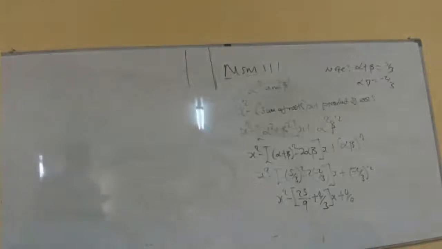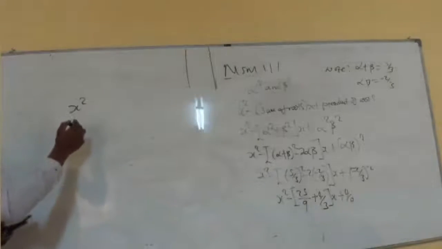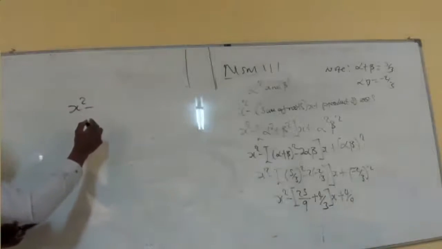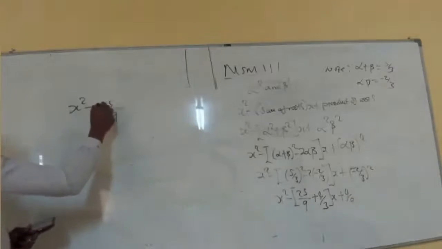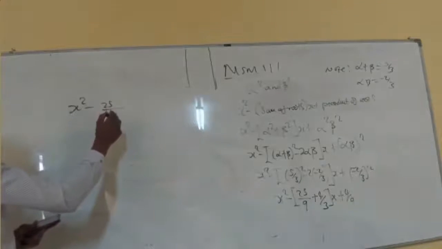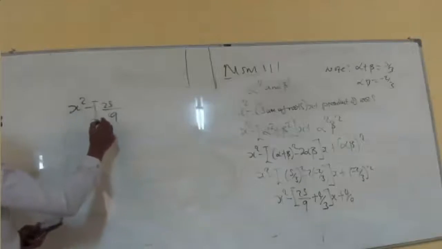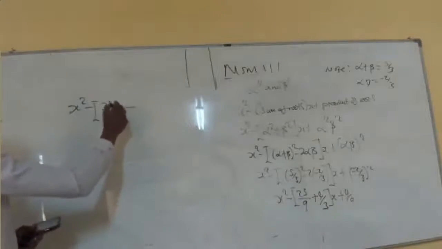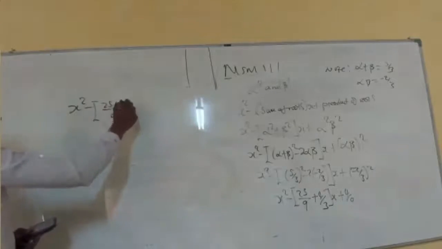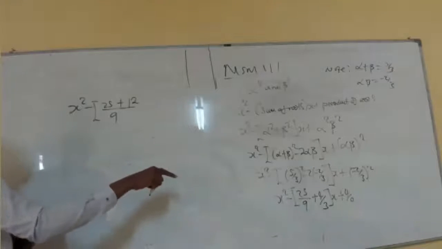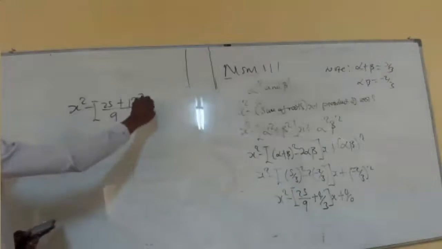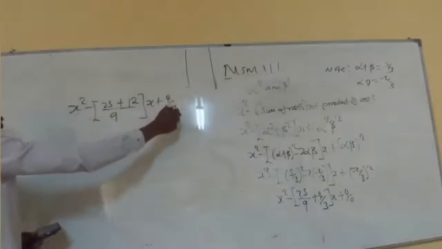Okay, so as I said, the common denominator is 9, so we now have x squared minus something over 9, then 25. We have 25 plus 12, because 3 into 9 is 3, times 4 is 12, then x plus 4 over 9 equals 0.